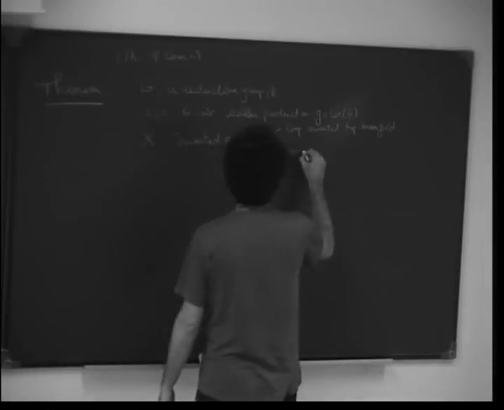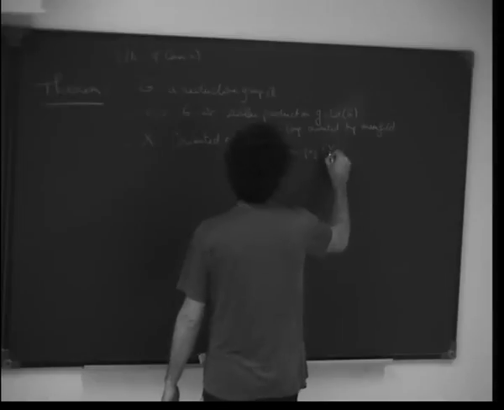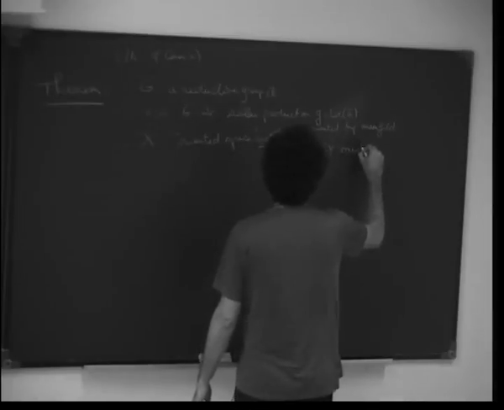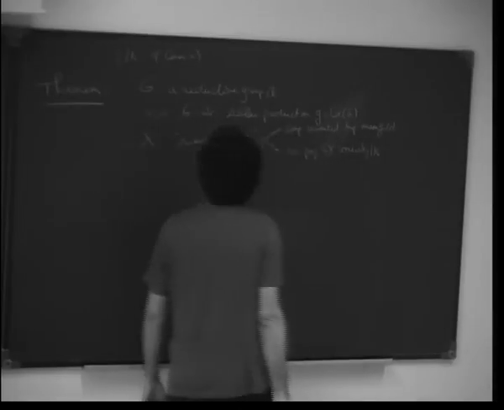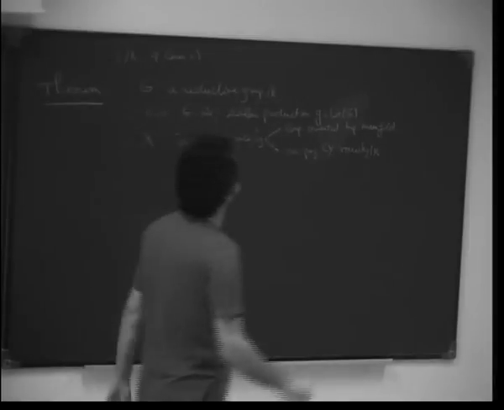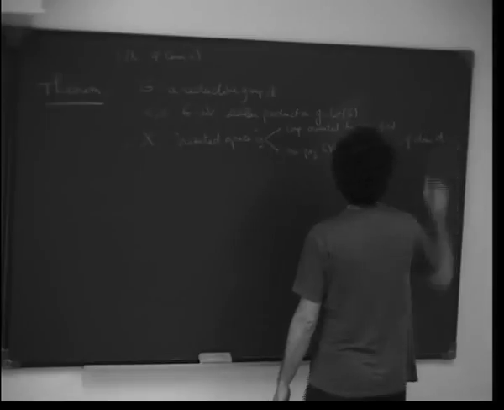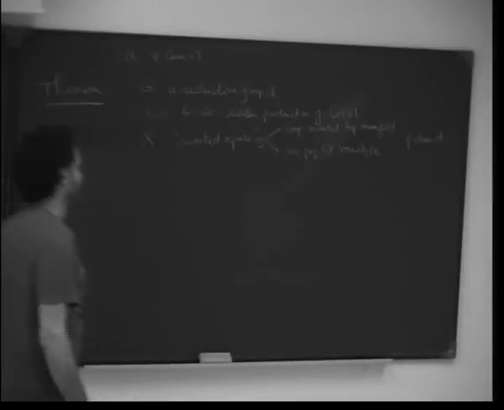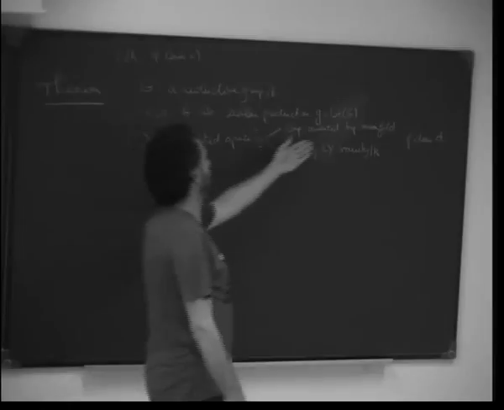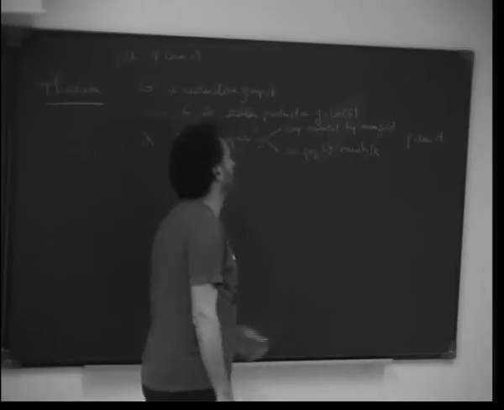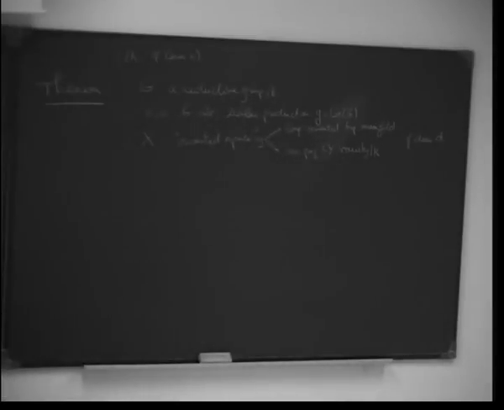Give me a smooth, projective Calabi-Yau variety over K. And let's say that it has a dimension D. So either the dimension as a manifold or the dimension as an algebraic variety.